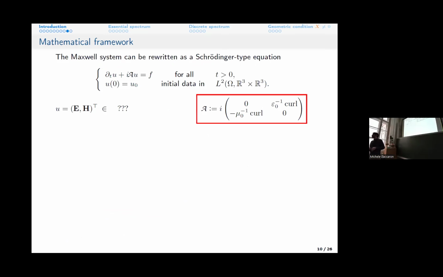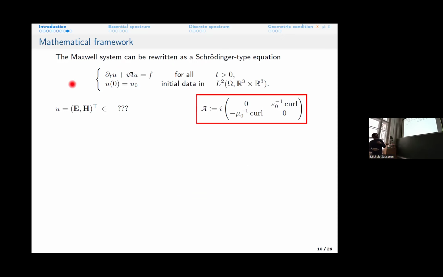This can be rewritten as a Schrödinger type equation, the following. The pair of the electric field and magnetic field plus iAU equal to the source term and the initial condition, where A is the Maxwell operator.